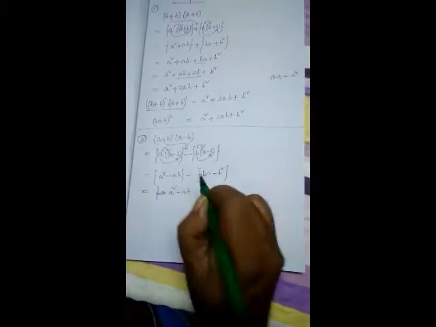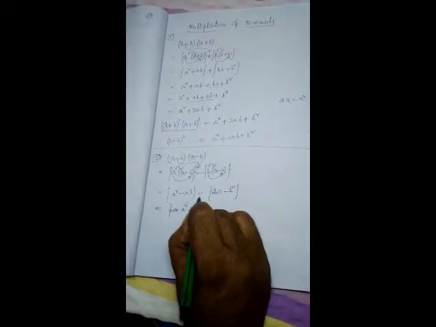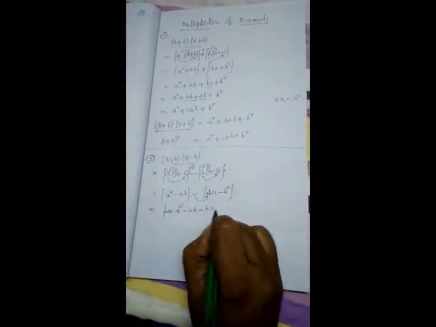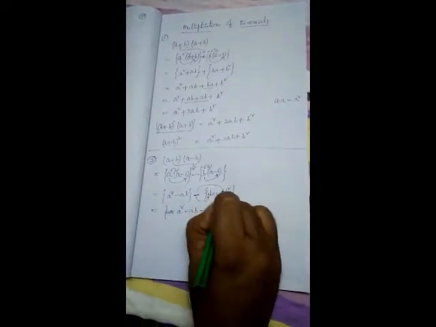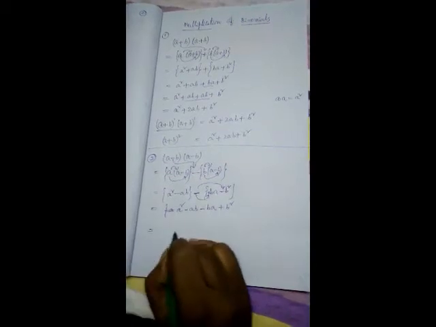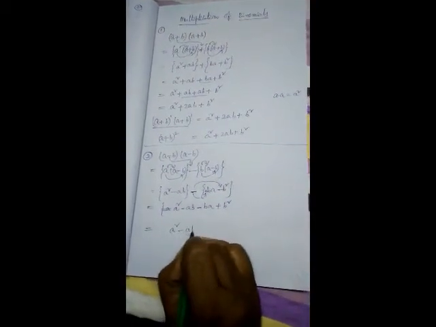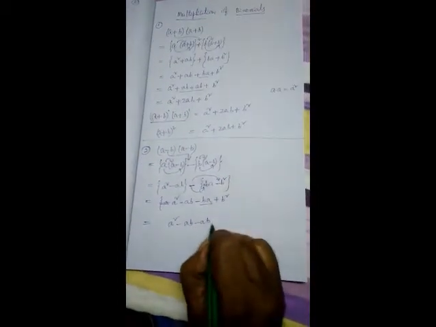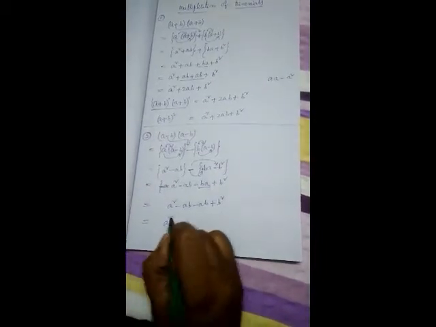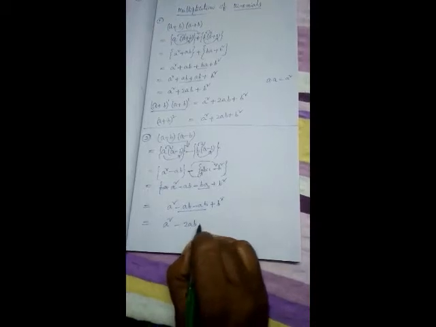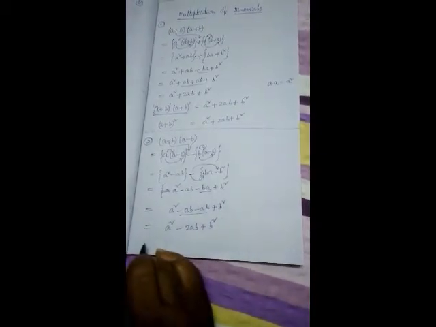Because the plus symbol is there, a square minus ab. The sign for ba is plus, but because of this minus, this plus will be minus ba. Because of this minus, this minus will be plus b square. So a square minus ab minus ab plus b square is equal to a square minus 2ab plus b square.